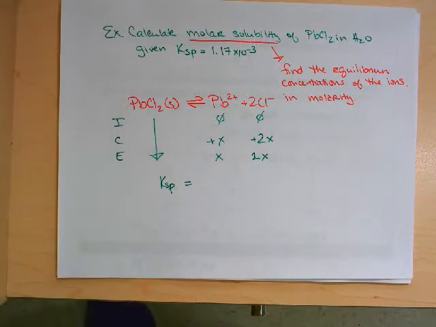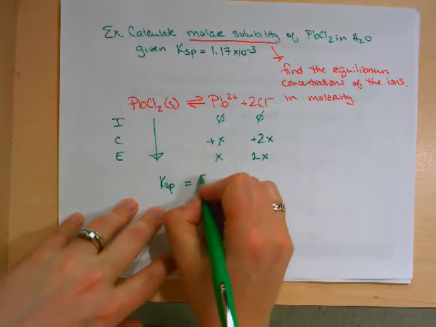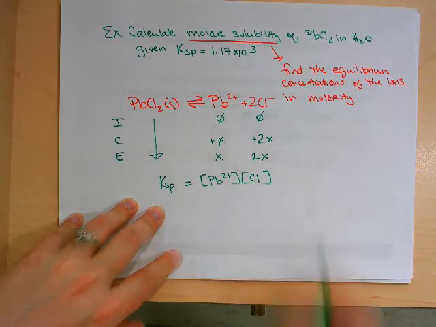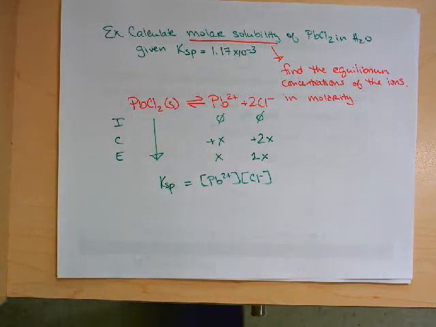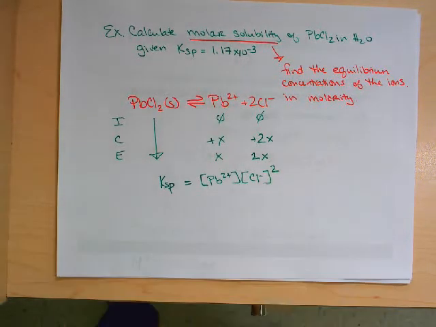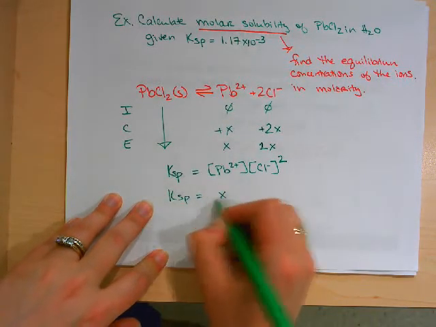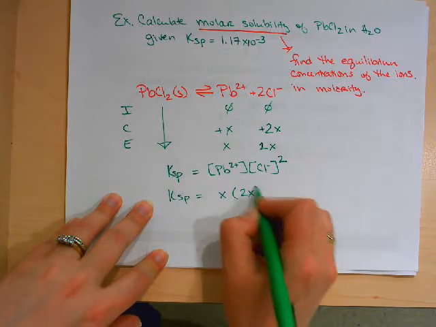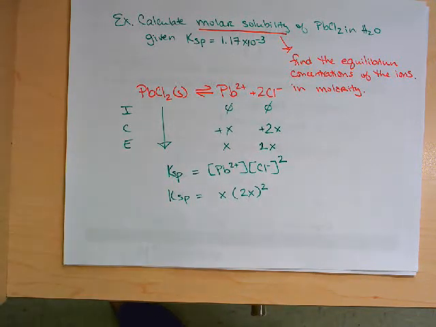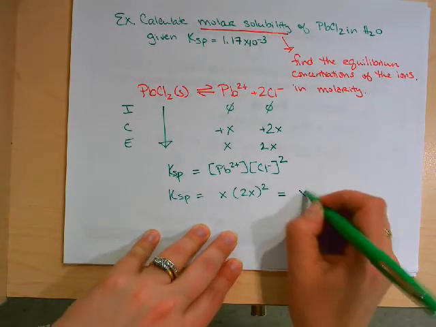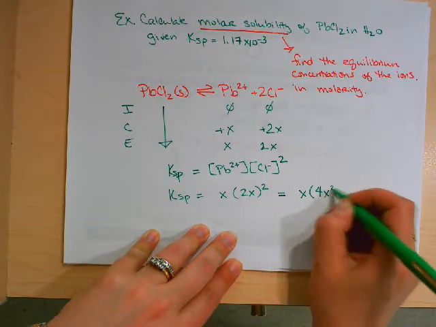So now, what is wrong with how I've written my KSP equation? I need to square it. So you're going to get KSP equals x times 2x squared. So that's x times 4x.